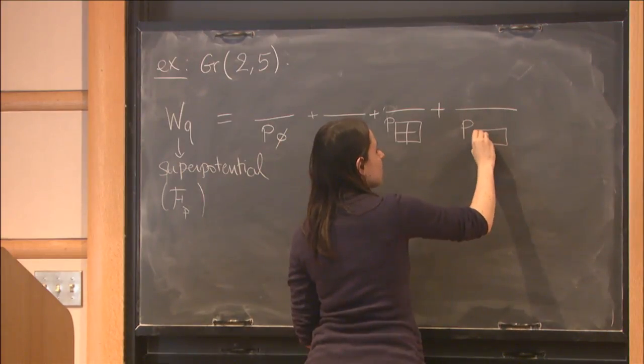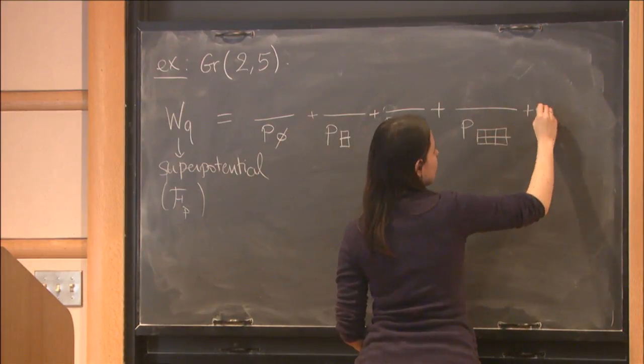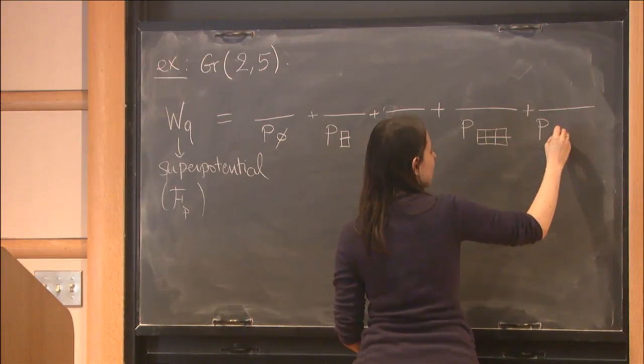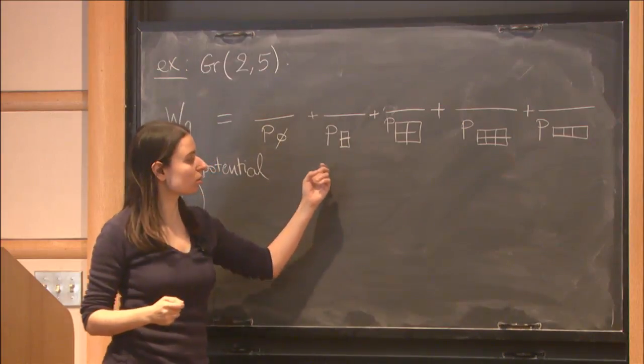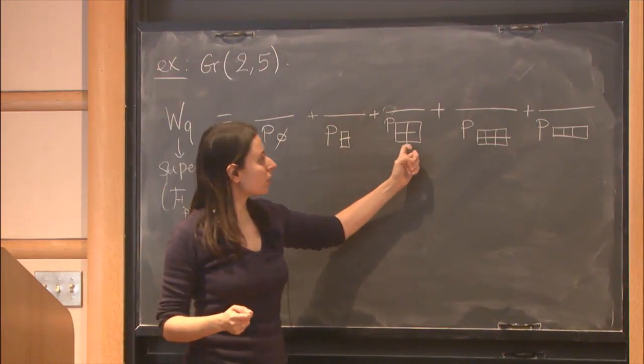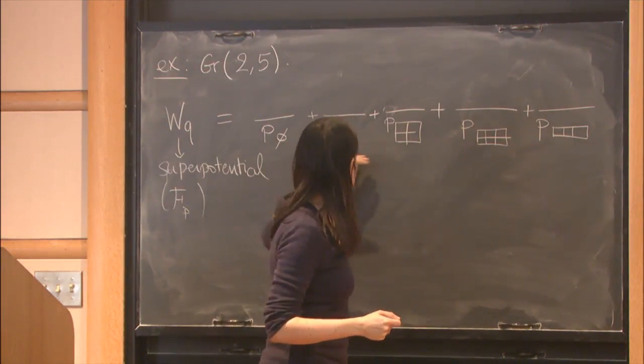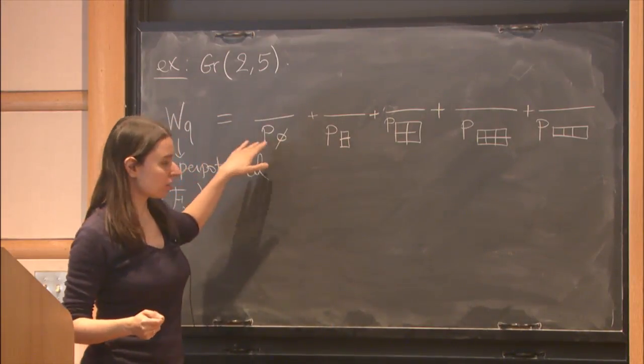For Grassmannians, there's a rule to obtain the superpotential.